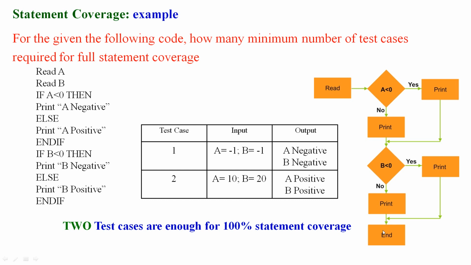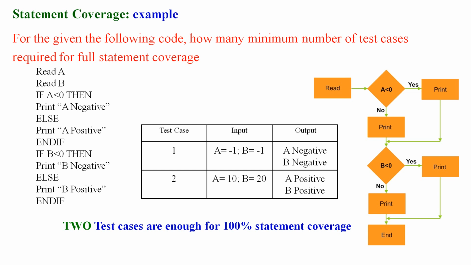So here we have completed, we have covered all the statements. All these lines of code got executed. How? In the first set of inputs, A is equal to -1, B is equal to -1. In the second set, A is equal to 10, B is equal to 20.